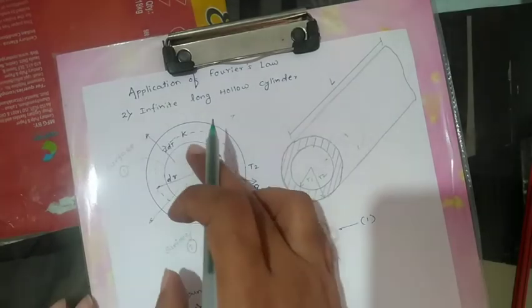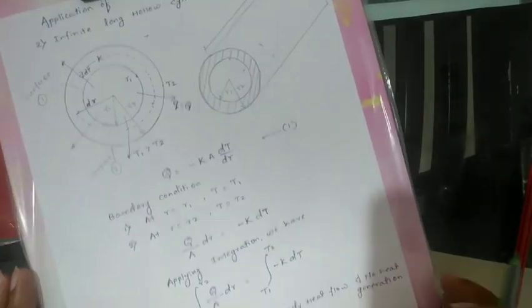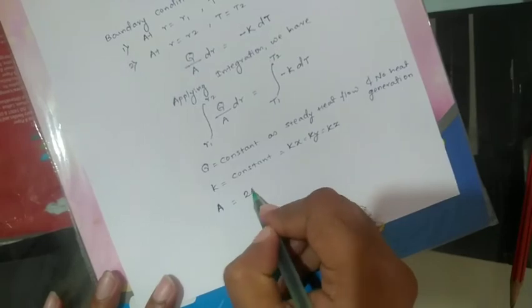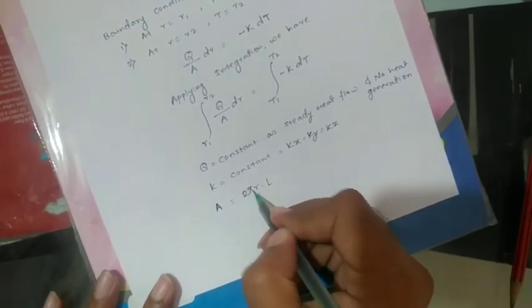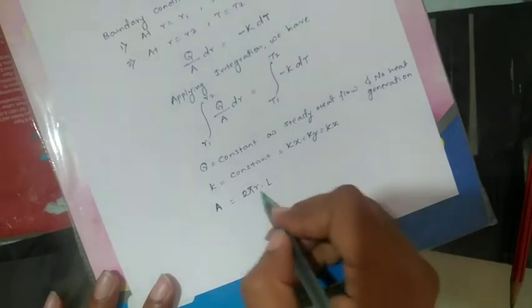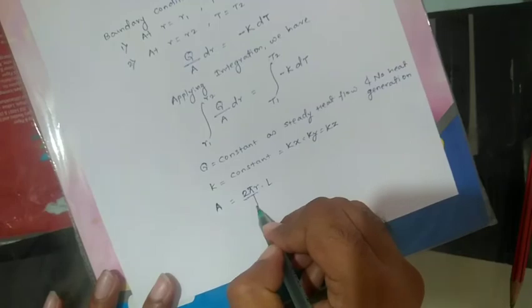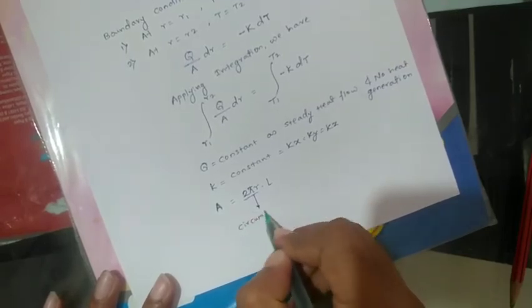It is going to flow radially outward from inner to outer, as T1 is greater than T2. So your area will become 2 pi r into L. Now, what do we mean by 2 pi r? It is the circumference of the circle.